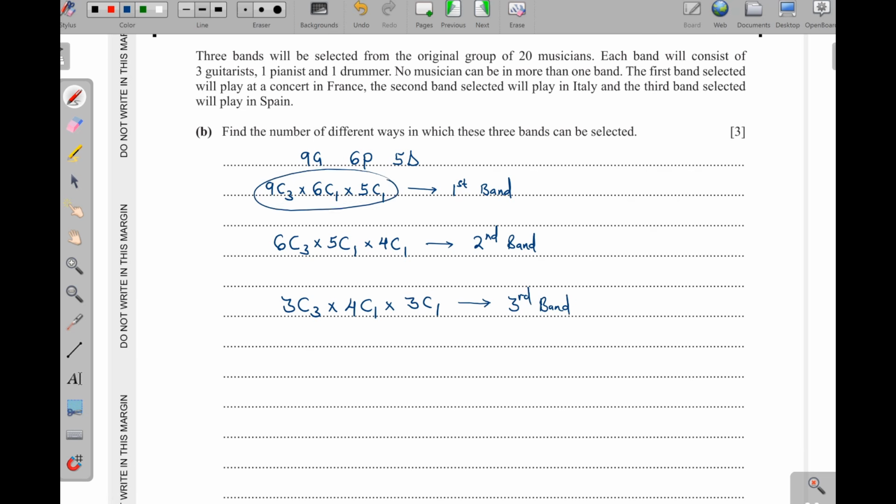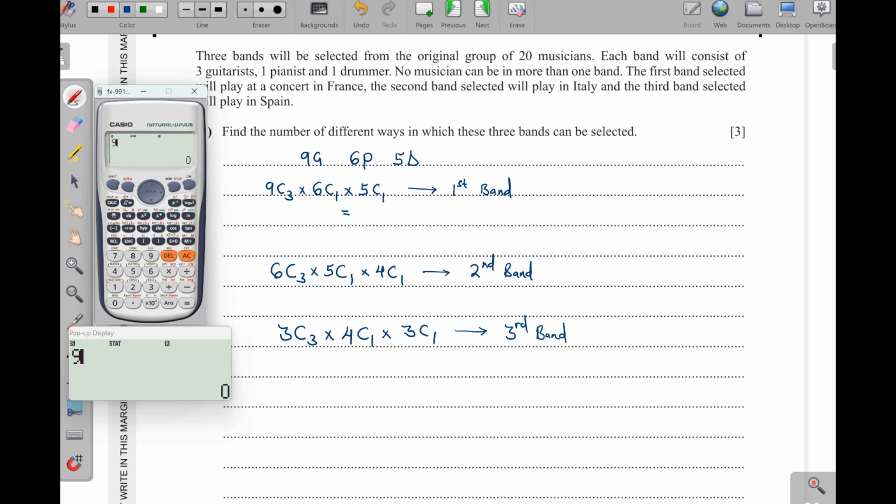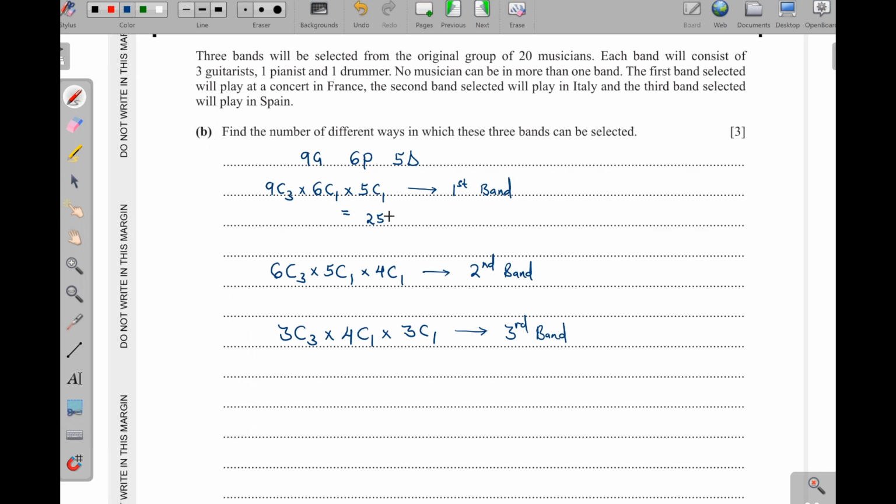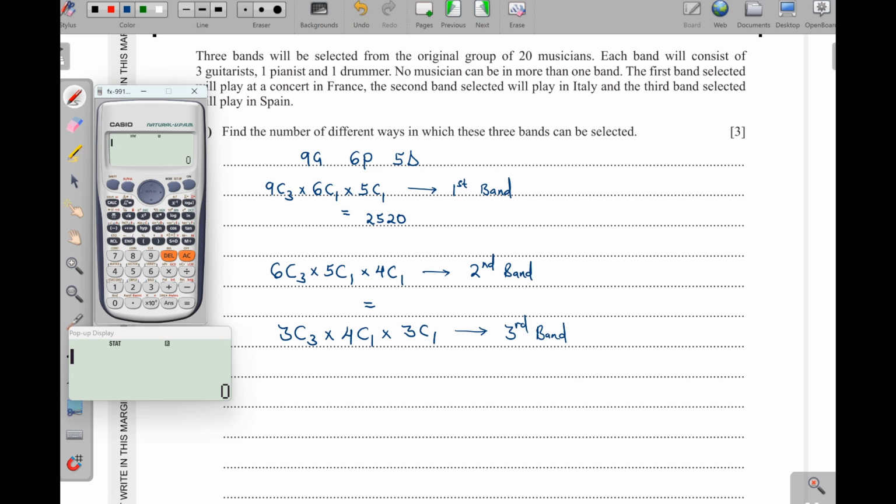So what do we get here? 9 combination 3, then times 6 combination 1 is 6, 5 combination 1 is, I mean 5. That is 2520. Then this one here is going to be 6 combination 3, then times 5 combination 1 is 5, then times 4 combination 1 is 4.